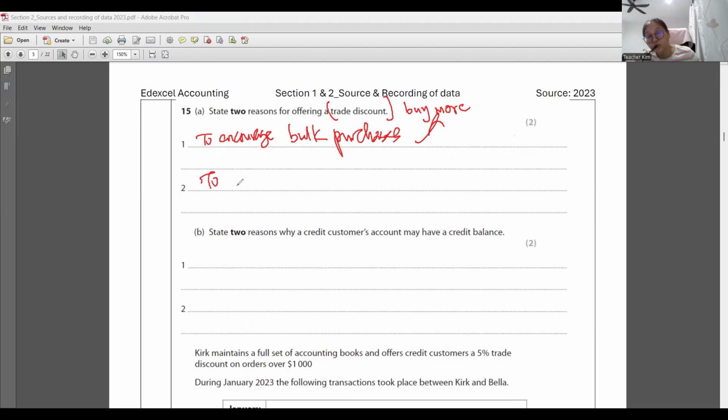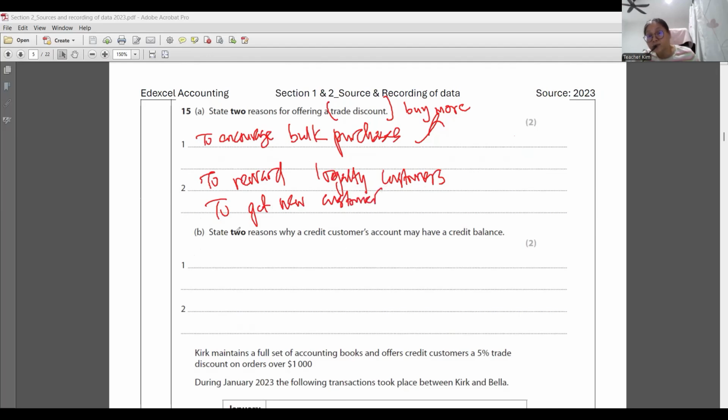So you reward loyalty customers, customers who often come to you, then you reward them. Or sometimes you want to attract a new customer, so you can also give the trade discount to get new customers.